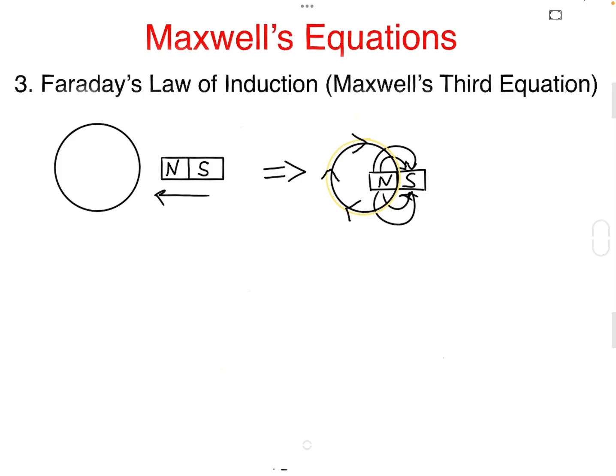So now what happens when we take the magnet out of this ring? So now we have the ring, and the magnetic bar is now, I'll just draw it a little bit far from here. So now what happens when we take it away, again it induces an electric field, but now the direction of the electric field or the current flips.